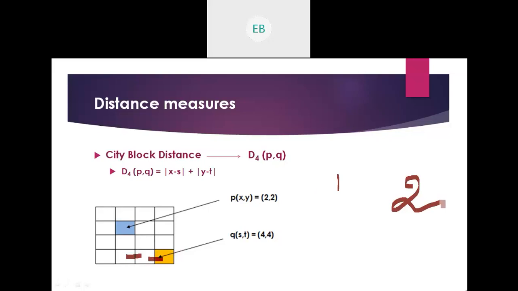So that totals 2. The total distance between these pixels will be 2 plus 2 equals 4. So 1 plus 1 is 2, 1 plus 1 is 2, so 2 plus 2 is equal to 4. Did you get the concept here, guys?